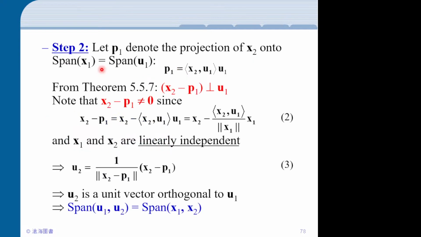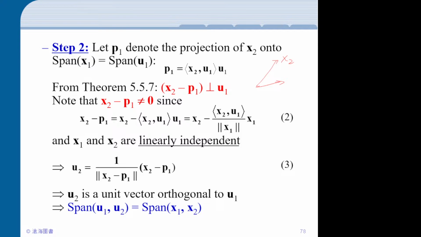And then what you do for u2 is this idea. You already have u1 here, and then you try to add x2 to this set. But x2 is not orthogonal to u1.